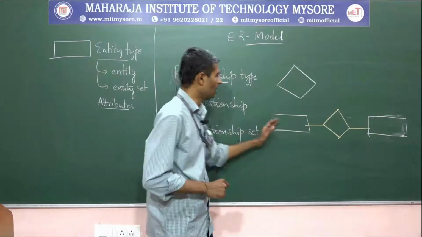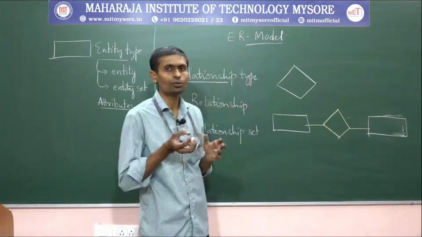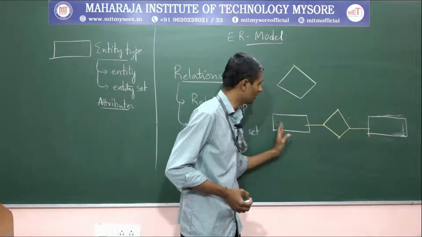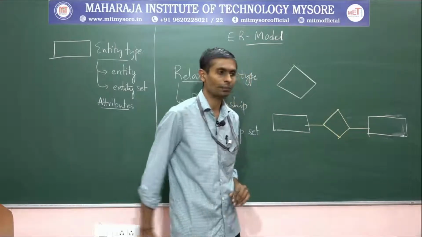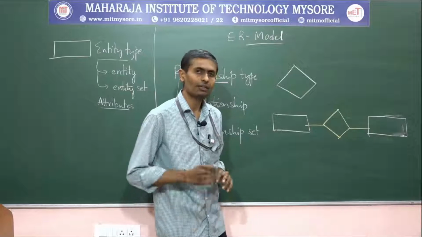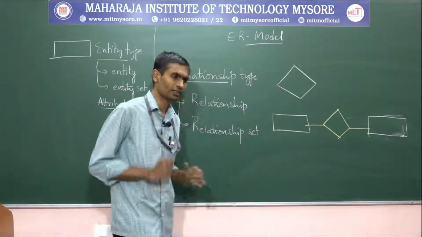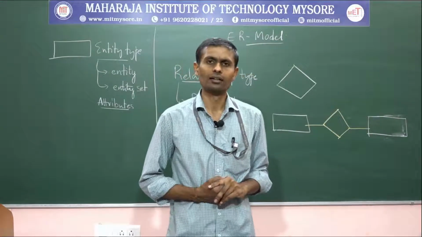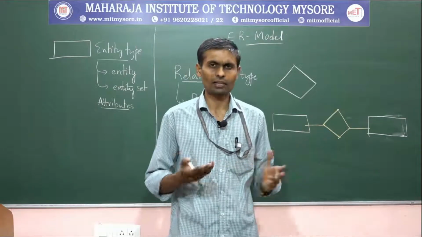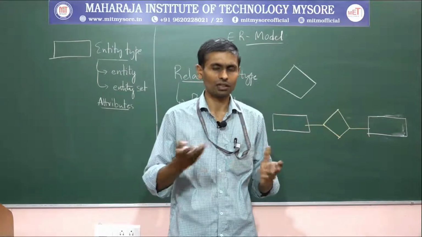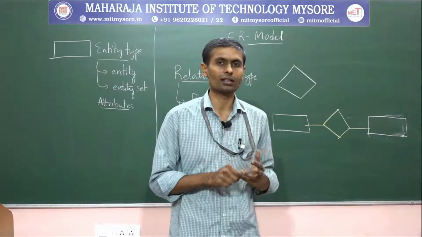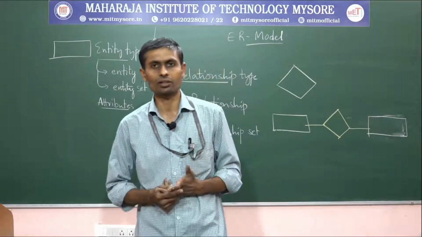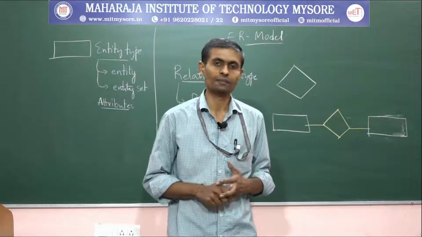We'll take one small example and add some names to these empty boxes, including the diamond-shaped box. Let's say I am building a student management system. In the previous session we said students are entities we can identify, teachers are entities, and branch is also an entity type.